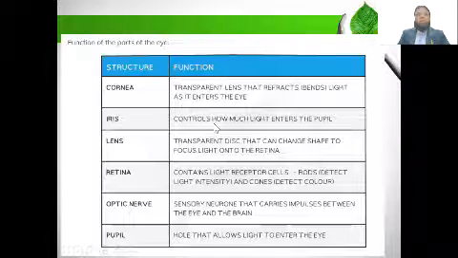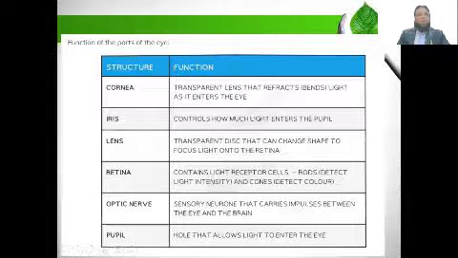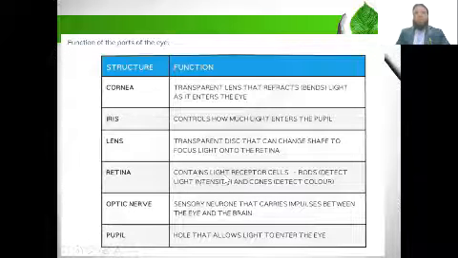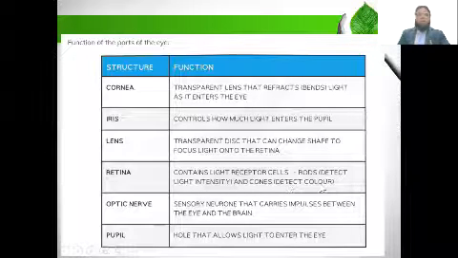The iris controls how much light enters the pupil. The lens is a transparent disc that can change shape to focus the light onto the retina. And the retina contains the light receptor cells: rod cells, which detect light intensity, and cone cells, which detect color.